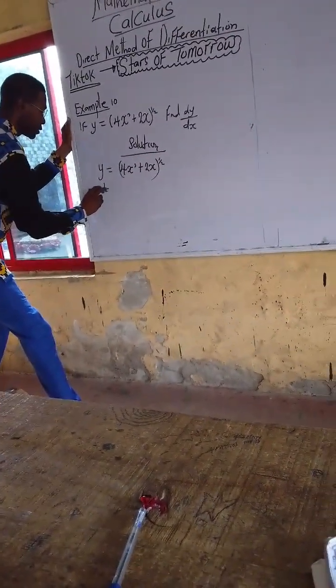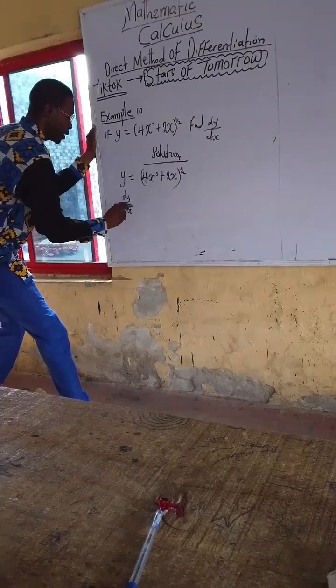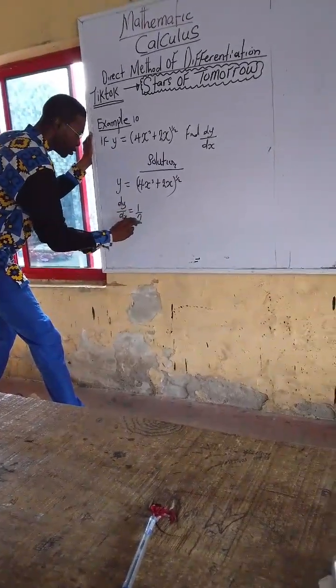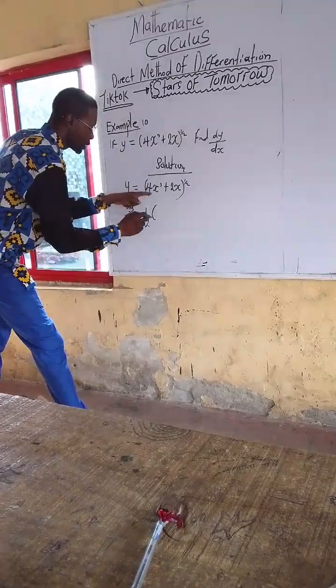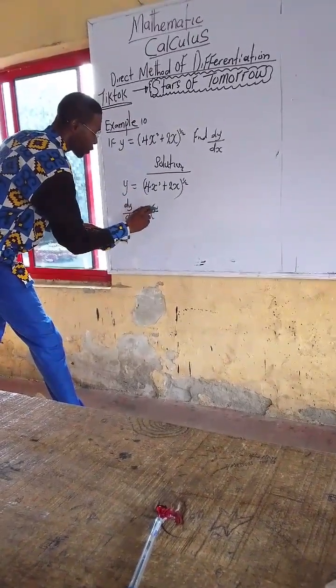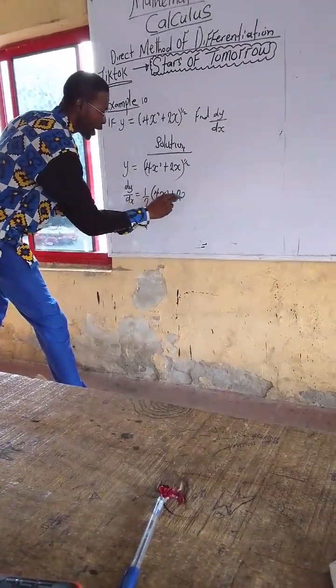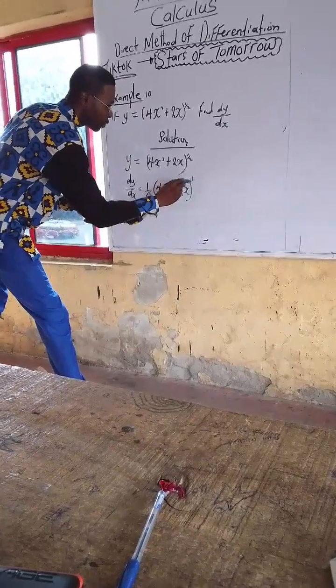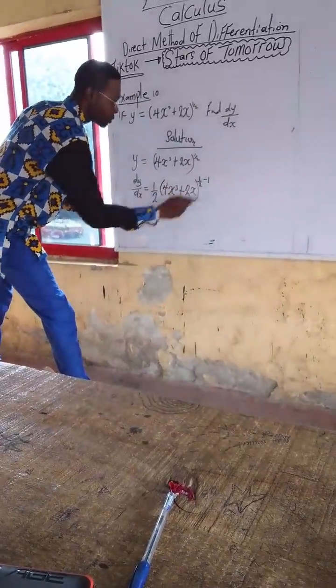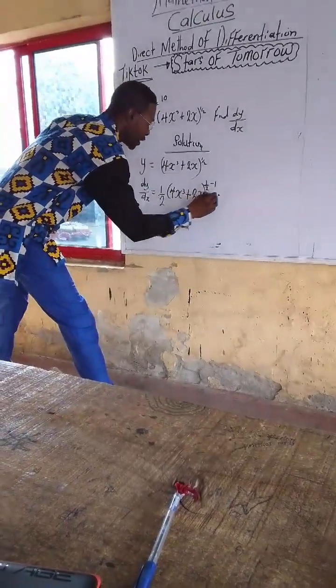Now, dy over dx is equal to 1 over 2 (4x cubed plus 2x) to the power 1 over 2 minus 1. Then we differentiate what is inside it.